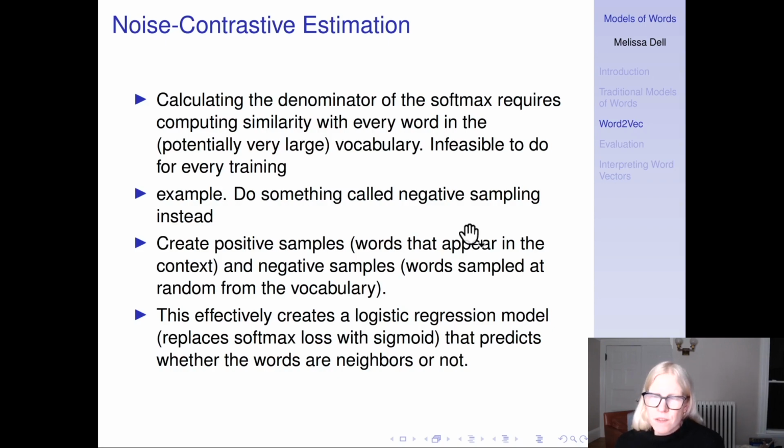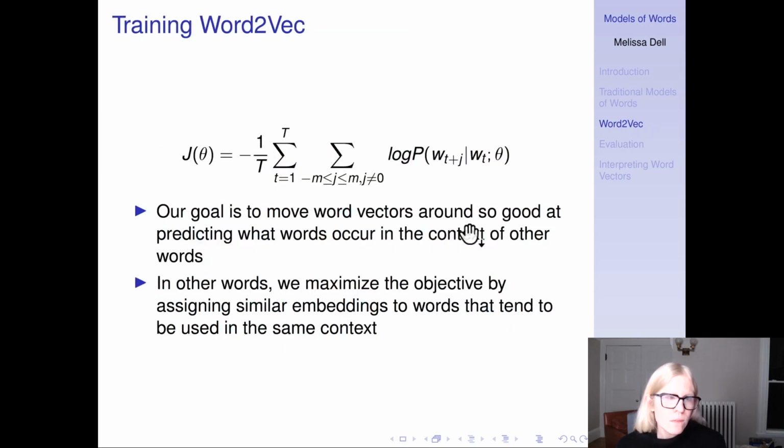And what this effectively does is create a logistic regression model where you've replaced softmax loss with a sigmoid that predicts whether the words are neighbors or not. And so our goal is to move word vectors around so they're good at predicting what words occur in the context of other words. And that means we maximize the objective by assigning similar embeddings to words that tend to be used in the same context.